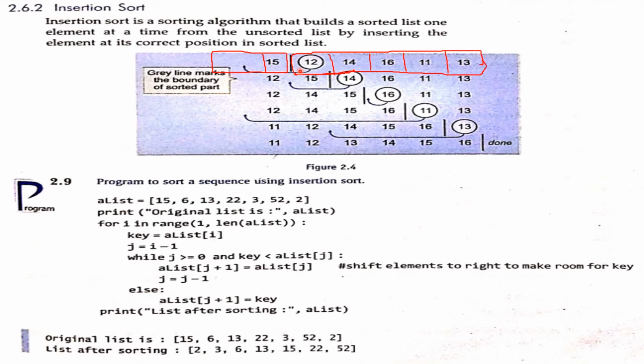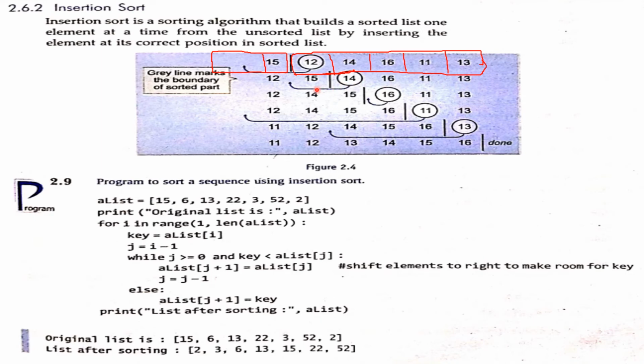So now 15 is shifted into this place, and then this 12 is inserted here. That means when we insert this 12, our list becomes 12, 15, 14, 16, 11 and 13.